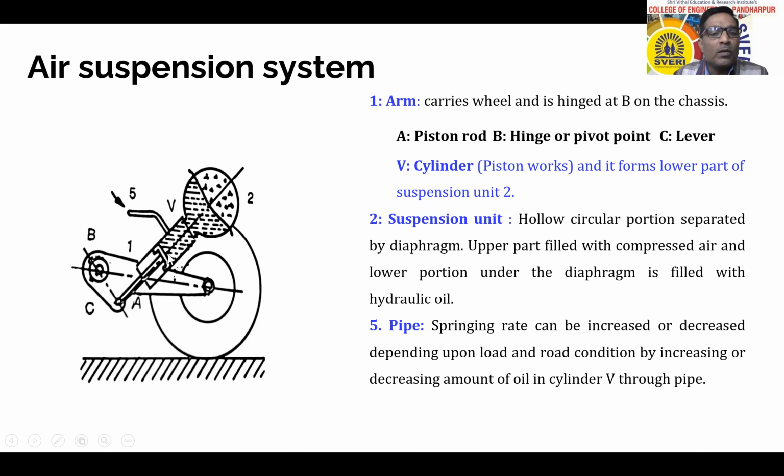And this fifth component is the pipe, and that will modulate, or alter, the springing rate.